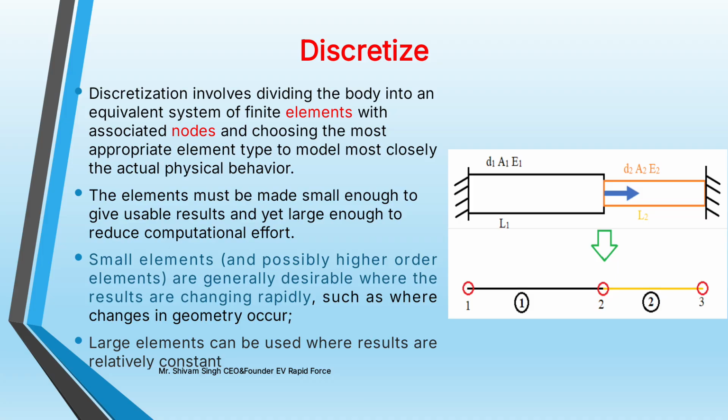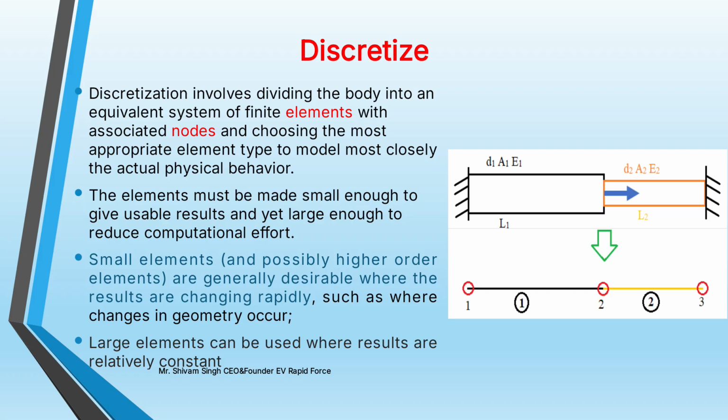For the discretization, the finite element model gets a number of nodes, and we choose the most appropriate element type to model the actual physical behavior as closely as possible. Some constants, like Young's modulus, are also used.